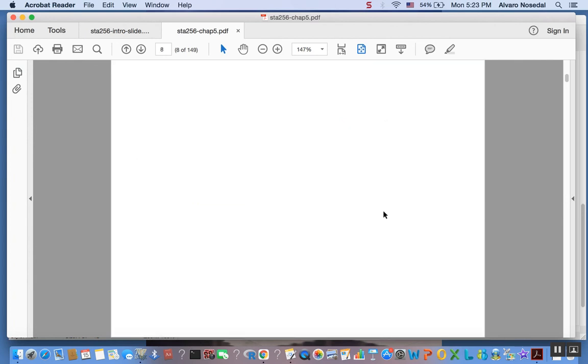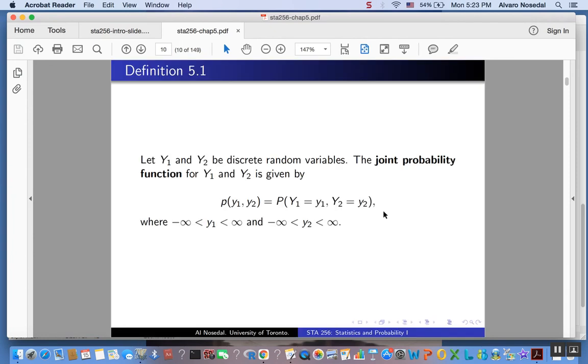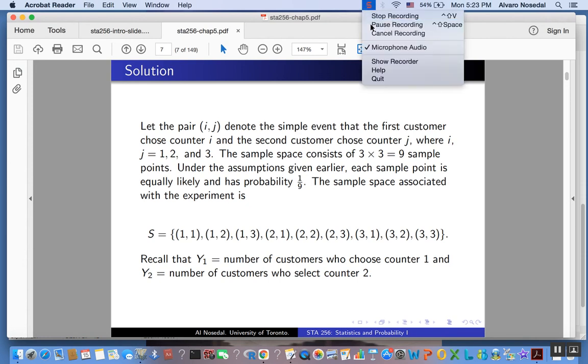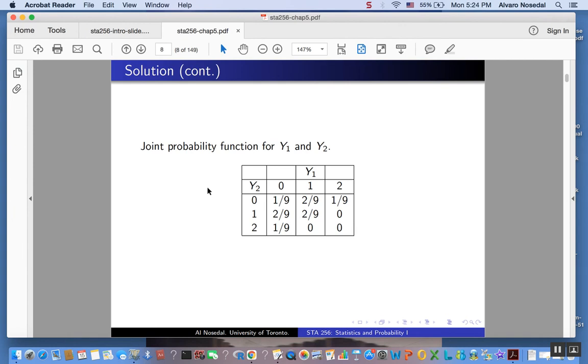Okay, I'm back. So as I was saying, in our lecture notes, I expressed the joint probability function in a different way.